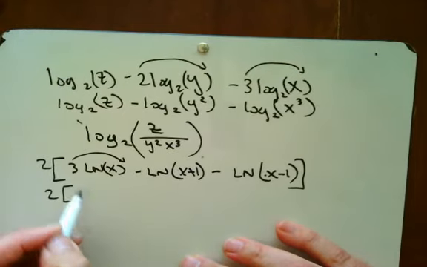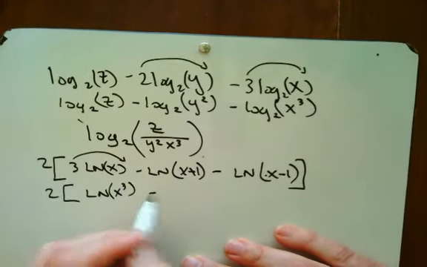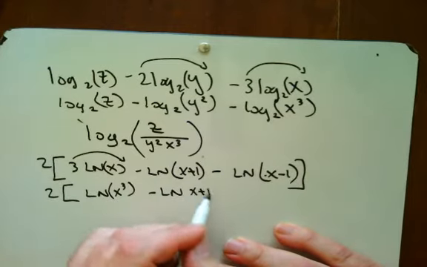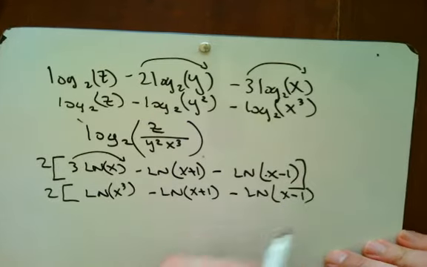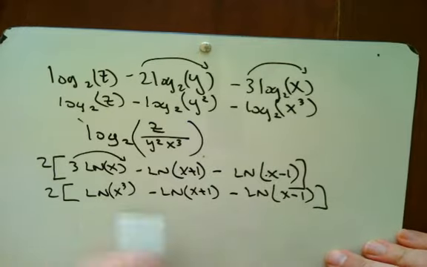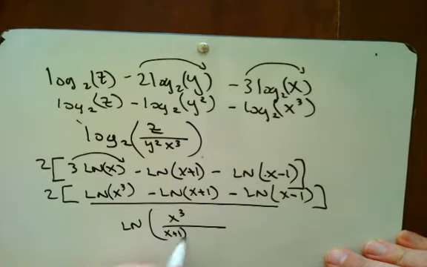All right. So what about this one? What if I see 2 bracket 3 ln of x minus ln of x plus 1 minus ln of x minus 1. What can I do here? Well, I can certainly kick that up with the power rule in reverse.